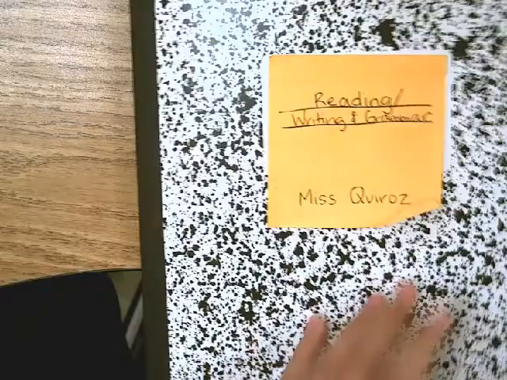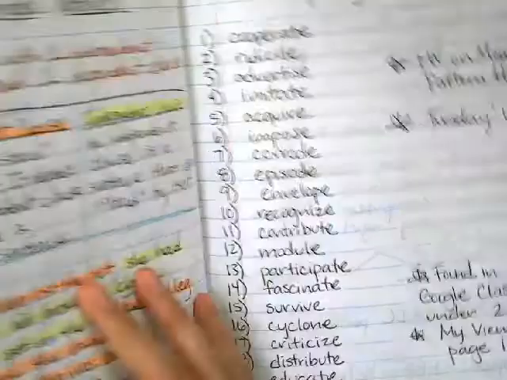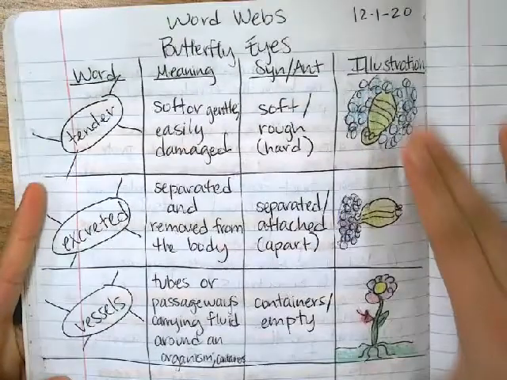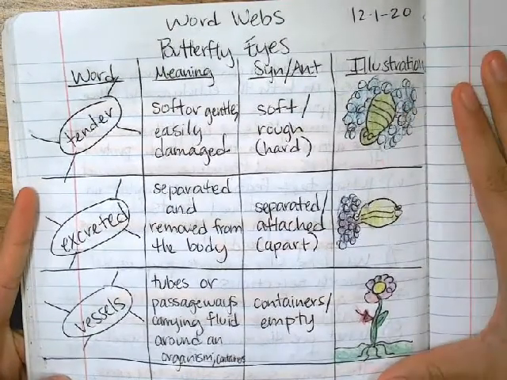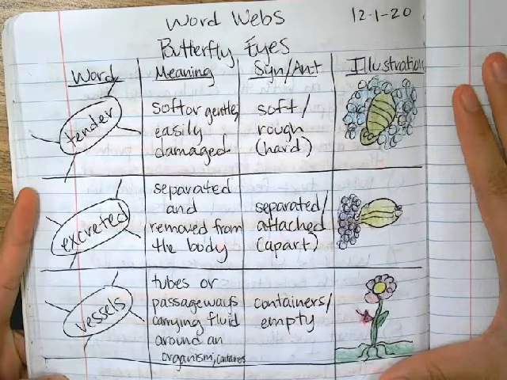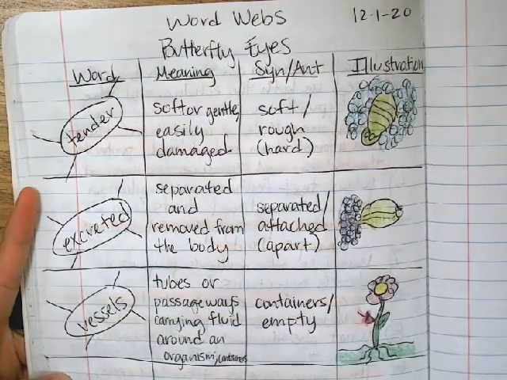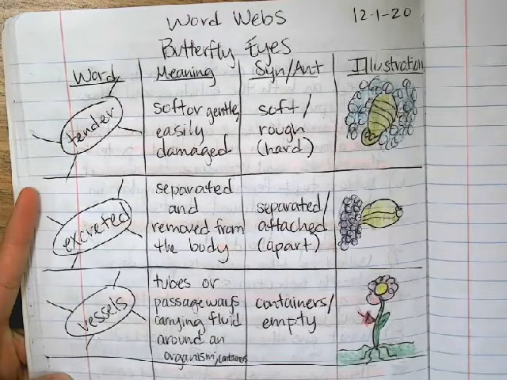After analyzing and annotating, we did our word webs for Butterfly Eyes. There are 5 words for this week, so make sure you do them if you are not getting online with me.